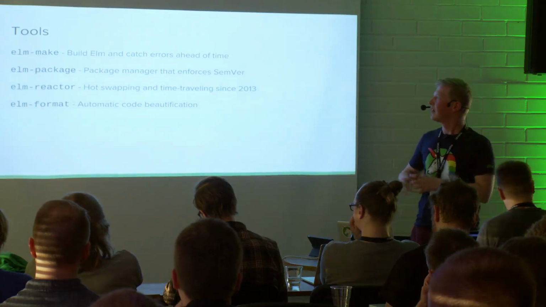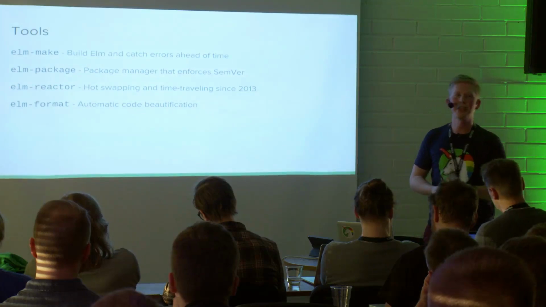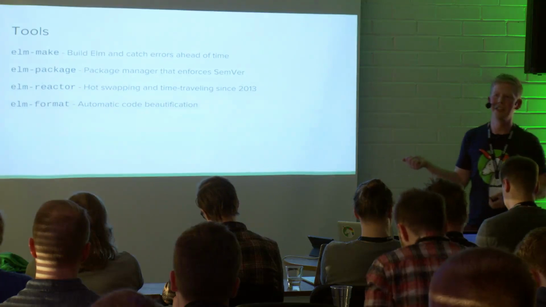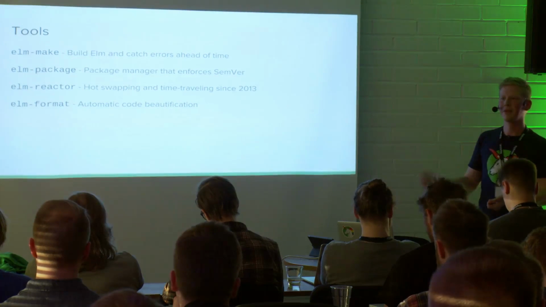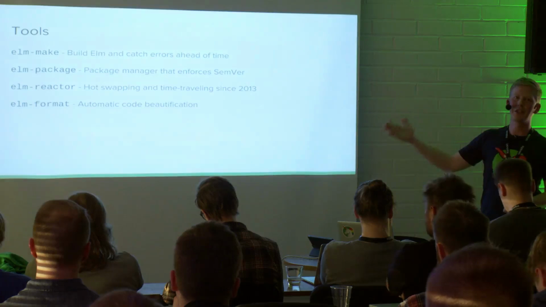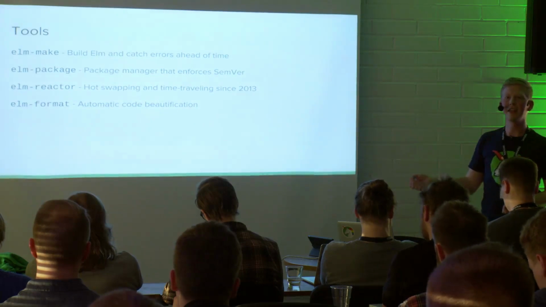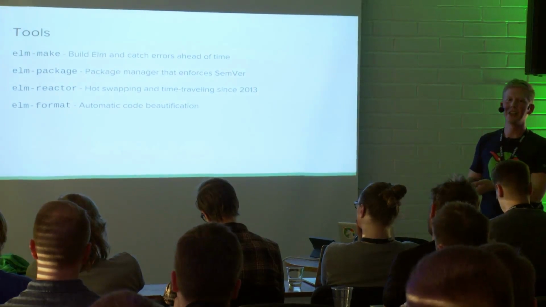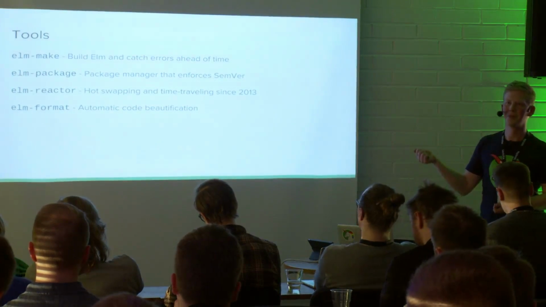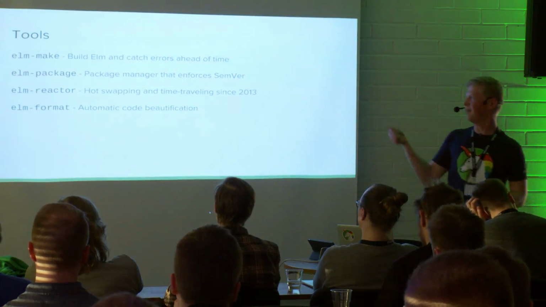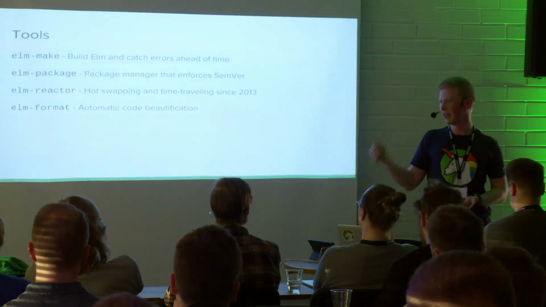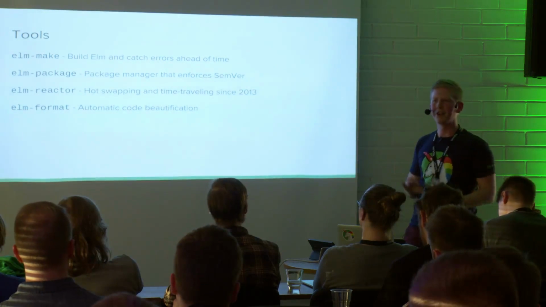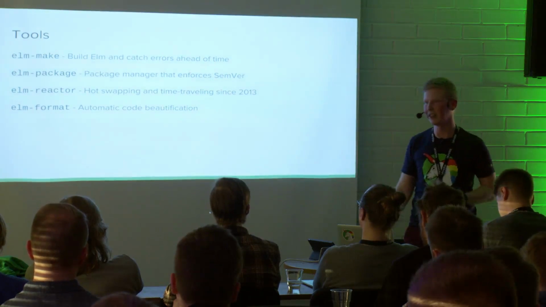And it comes with its own package manager, Elm package, which enforces semantic versioning. So because of the type system, the Elm package publishing can actually see that if your package API has changed, it has to be a major number. And then there's also the Elm format, which can automatically reformat the code to be a consistent style.